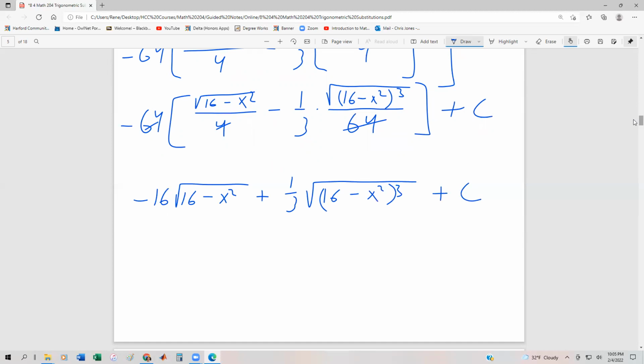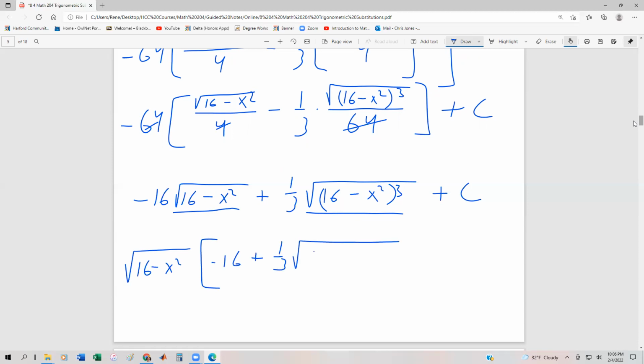One other way to simplify this, and I'm not suggesting that you have to do this, but if you're using a computer algebra system, often what they'll do is factor out one of these square roots. So they might factor out a square root of 16 minus x squared, and that's going to leave you with negative 16 plus 1/3 square root of 16 minus x squared, plus c. So we factored out one of these square roots. The square root and the square are going to simplify.